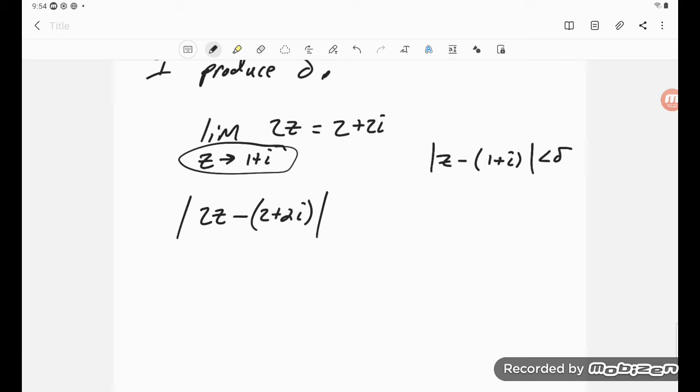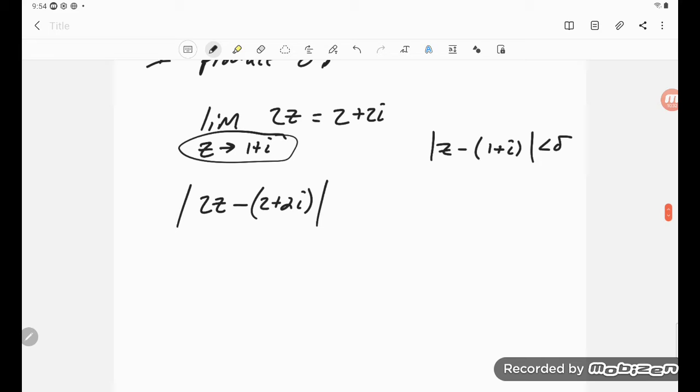You're going to give me an epsilon, and I need to make this thing less than that epsilon by choosing this delta. In this case, notice there's a 2 in every one of those terms, so this is equal to 2 times the absolute value of z minus 1 plus i.